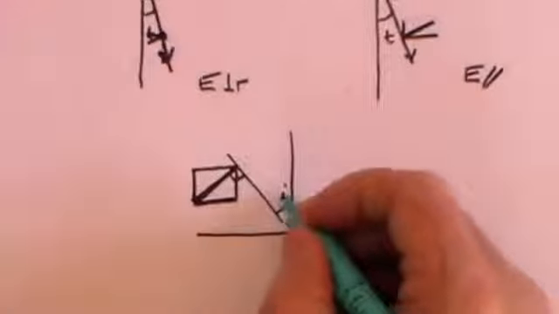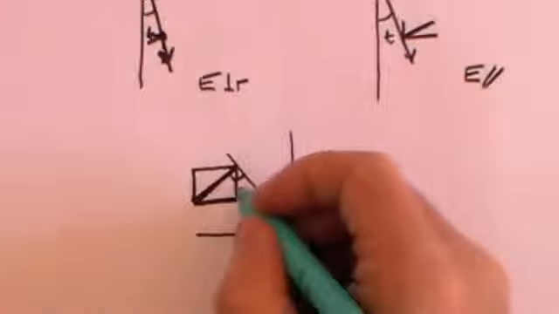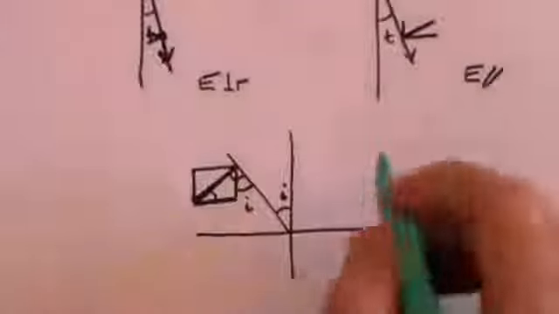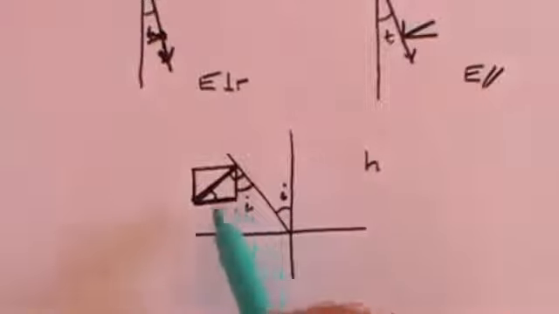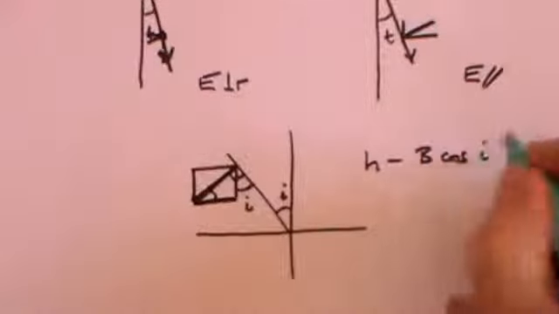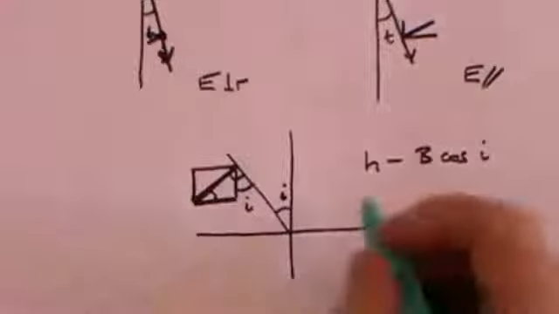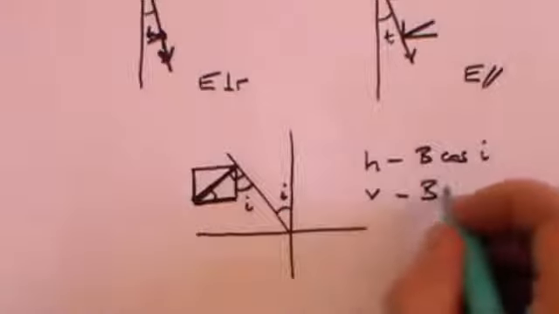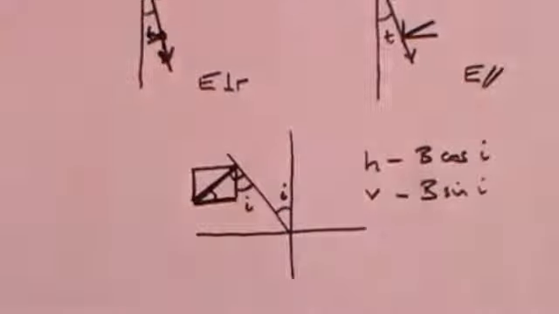Now if this angle here is the angle of incidence I, then that angle there will also be the angle of incidence I, and that angle there is also the angle of incidence I. And that tells us that the horizontal component of the B field will be B cosine of I, and the vertical component of the B field will be B times the sine of I. That's just resolving the component parts.